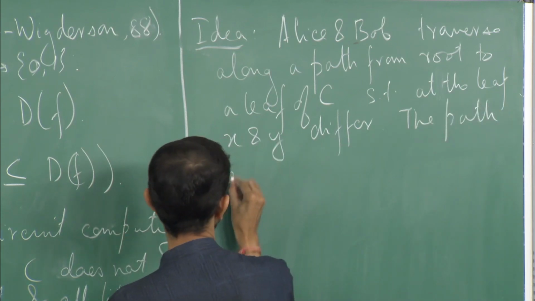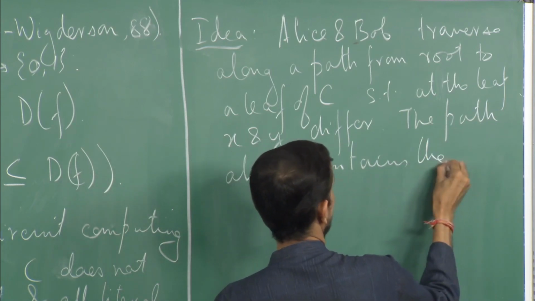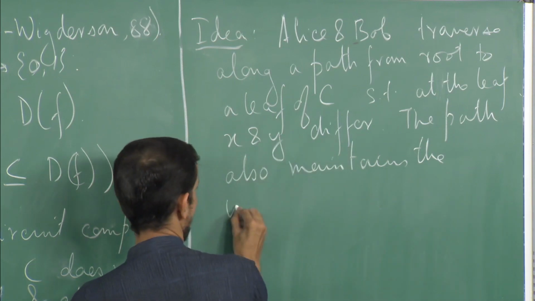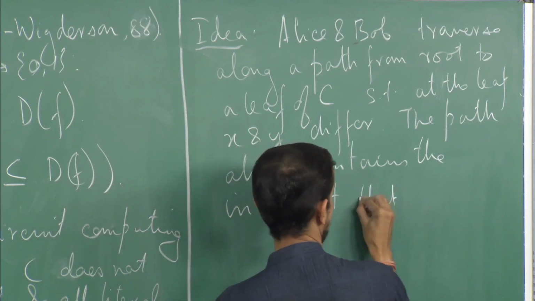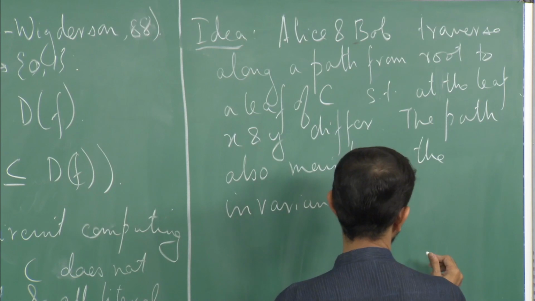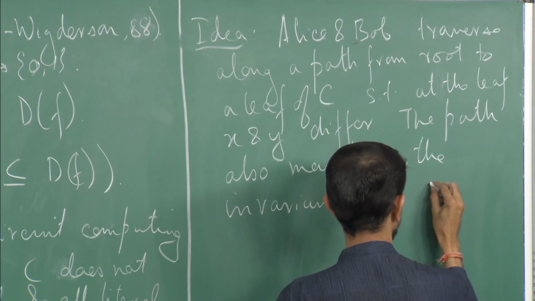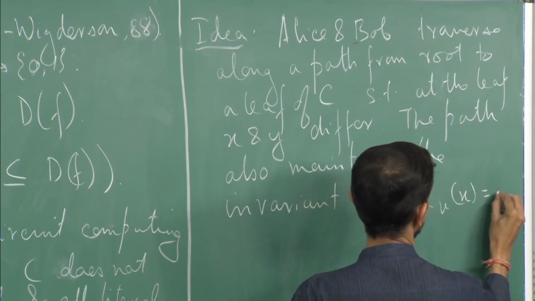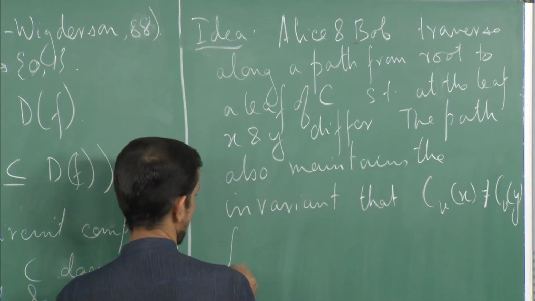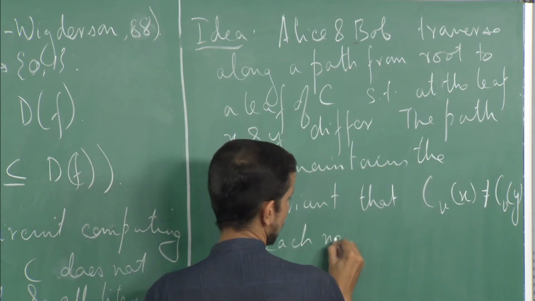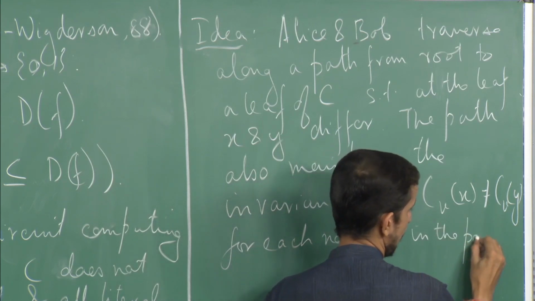The path also maintains the invariant that Cv of x should not be equal to Cv of y for each node V in the path.